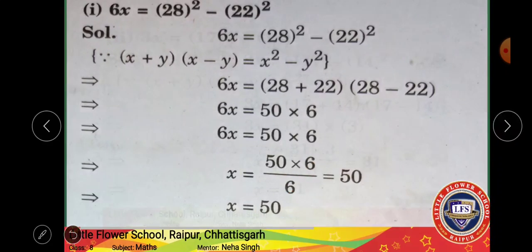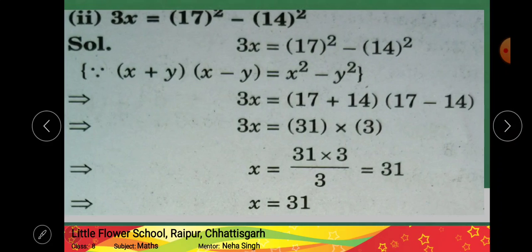Now, next question. 3x equals 17 square minus 14 square. Again, I'll put the same formula: x minus y, x plus y equals x square minus y square. X is 17, y is 14. So 17 plus 14 and 17 minus 14.